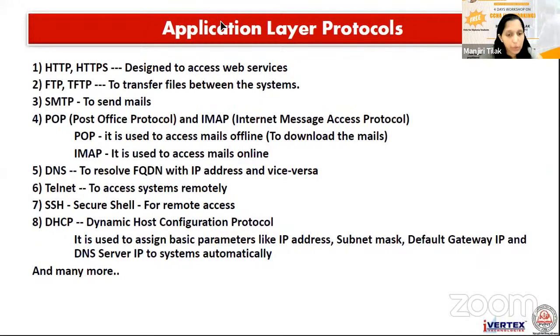Why is this DHCP used? To assign basic parameters like IP address, subnet mask, default gateway, and DNS server automatically to a system so that the system can be part of the network. So these are some examples of application layer protocols.